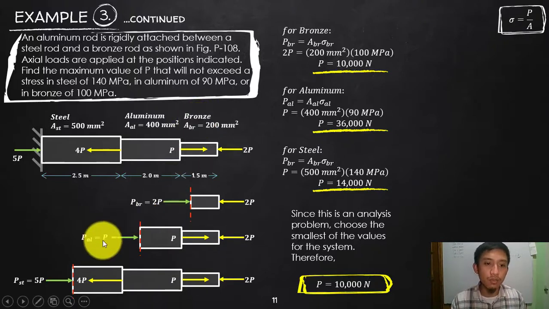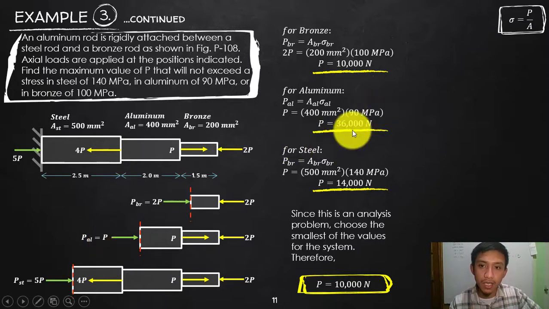In your aluminum, that is only P. That's why you ended up here with a big value of P, which is carried by the aluminum. If you multiply that P carried by the bronze, 10,000 multiplied by 2, the bronze can carry 2 times P, 20,000 Newton. So still, aluminum is stronger than the bronze.